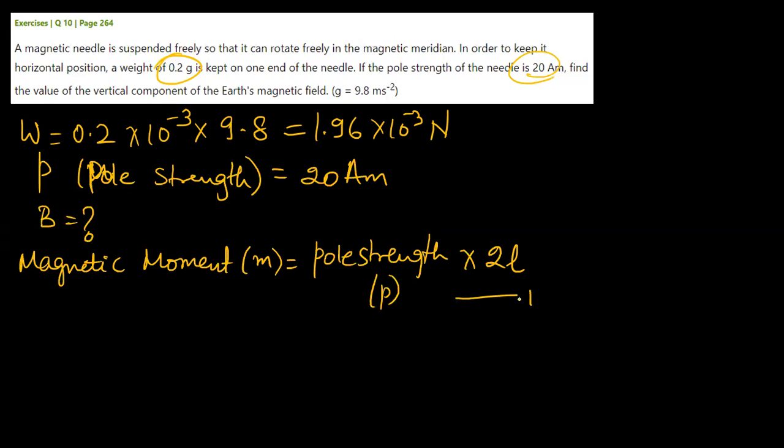Give it as equation 1. We will use this relation. Now, since it is in order to keep it in a horizontal position, that means it will be in equilibrium. So the restoring force is equal to the torque produced by the needle.